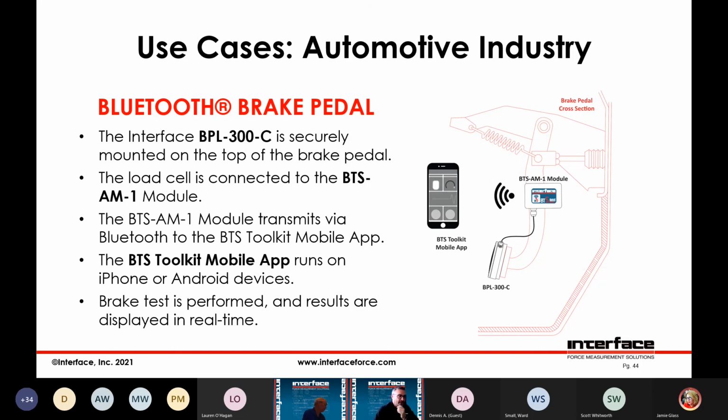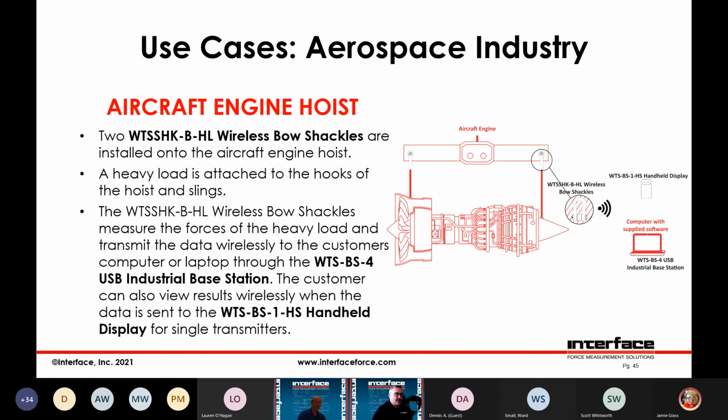And a lot of times wireless just gets rid of the cable run and cable snags and issues that can happen with cables. This is a common application. We're starting to do more and more with, not necessarily super precise force measurement, but just force or weight monitoring.